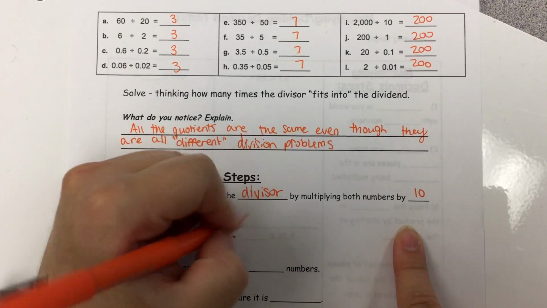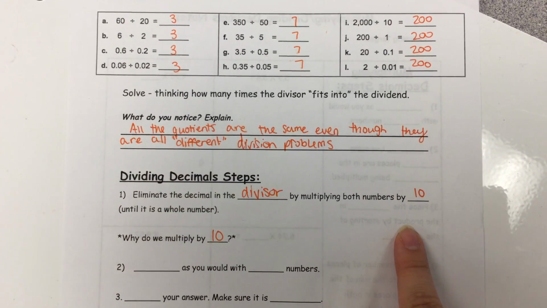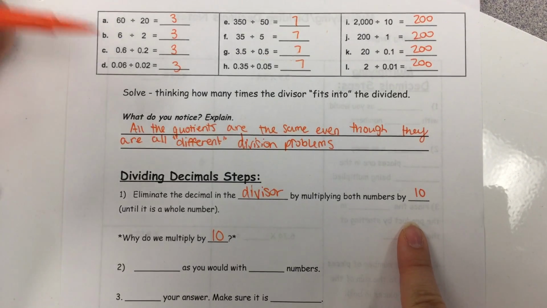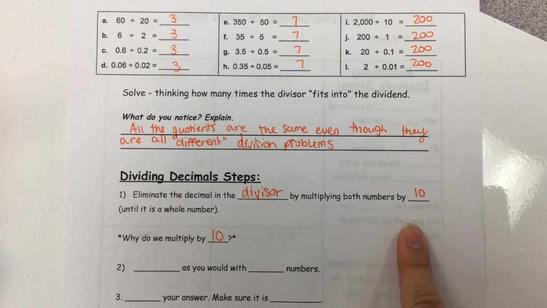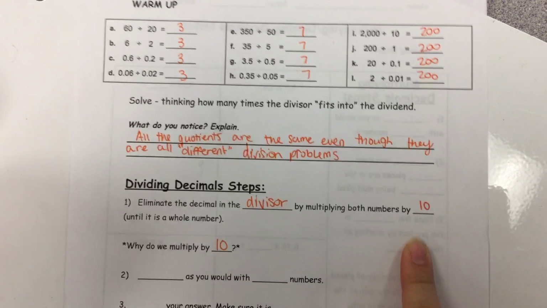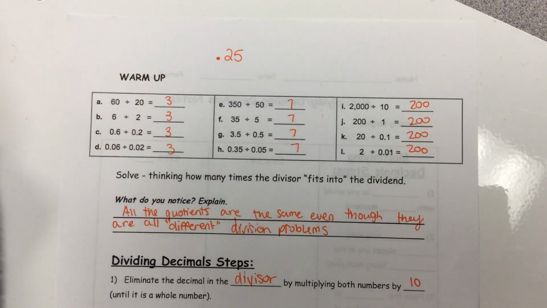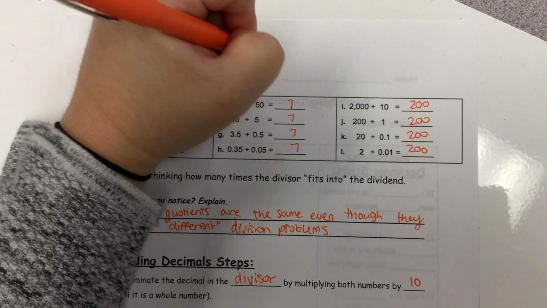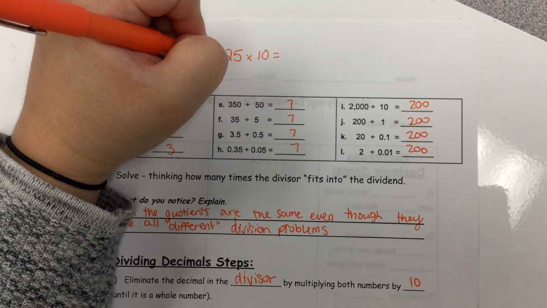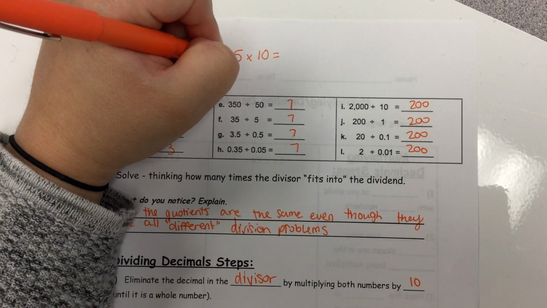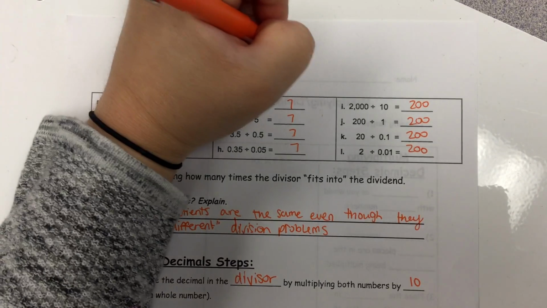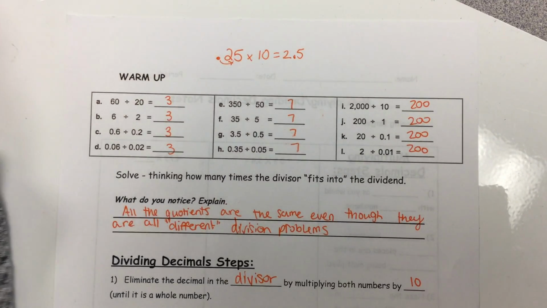So if we ask ourselves why we multiply by 10, it's because every time you multiply by 10 with a decimal, for instance, if we've got 0.25 and I multiply this by 10, I'm moving that decimal place one place to the right. So now I've got 2.5.